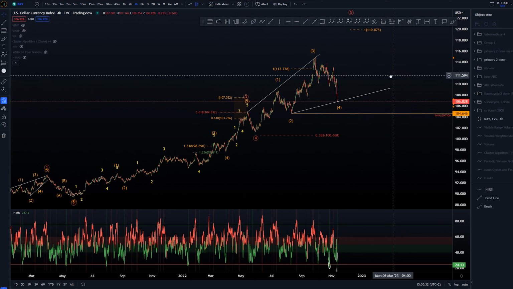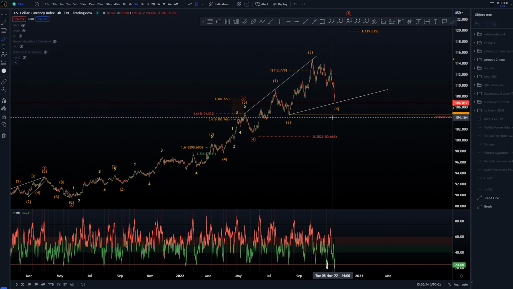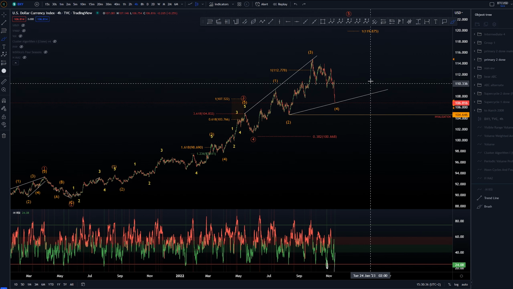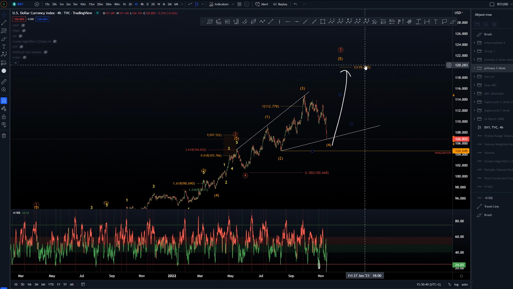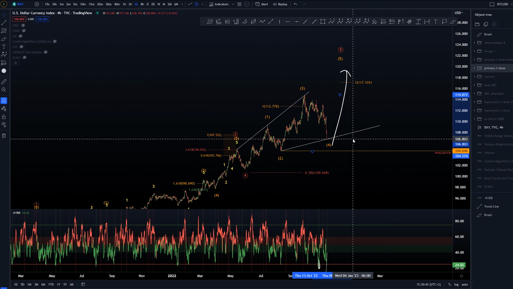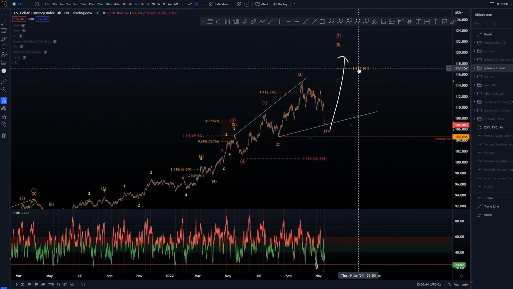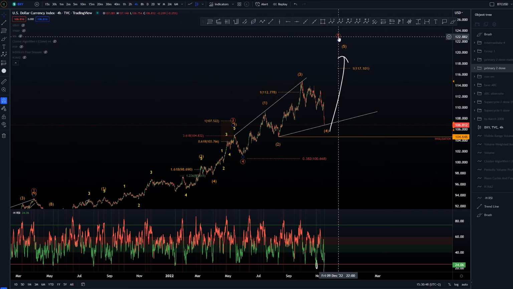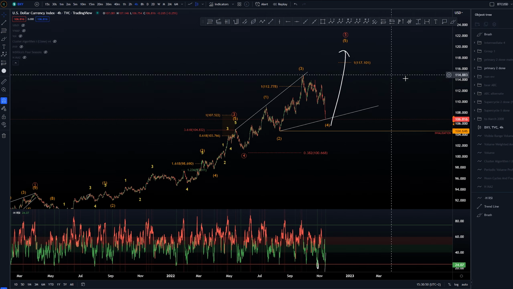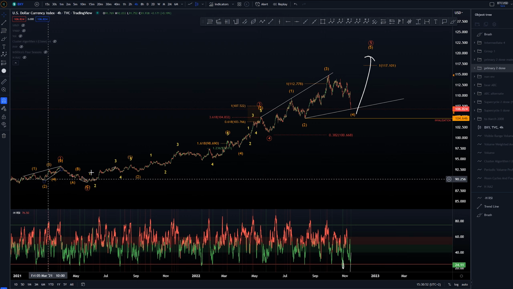And now we would be, once this pivots, if it pivots before the lows we had here, looking for this kind of move. 1-to-1, of course, depends on where we are pivoting. $117 would be the minimum we want to be looking at again for this 5th wave here. And this would be the end of this whole structure.